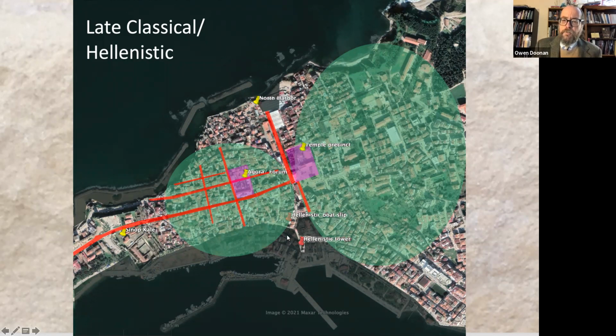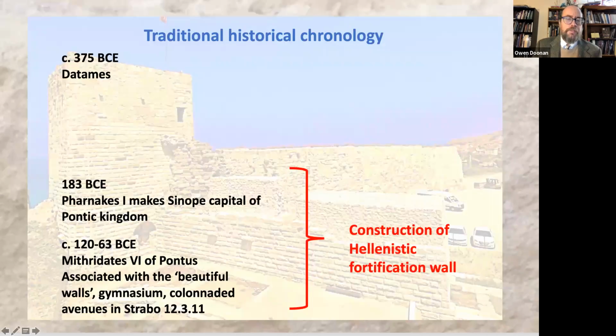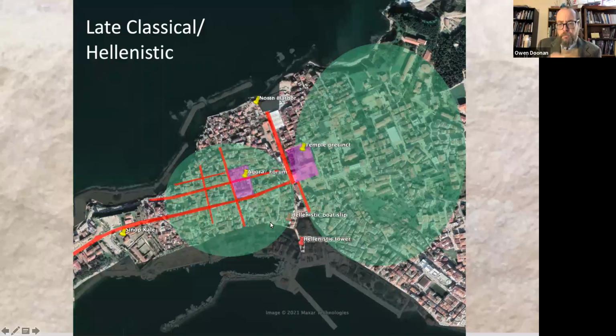The other interesting find was that the Sinope Museum excavated what appears to be boat slips, or a possible sort of landing for boats, again, pretty far inland here.